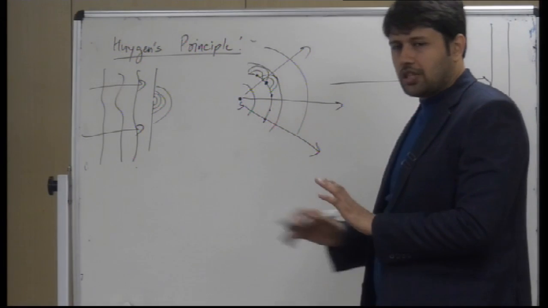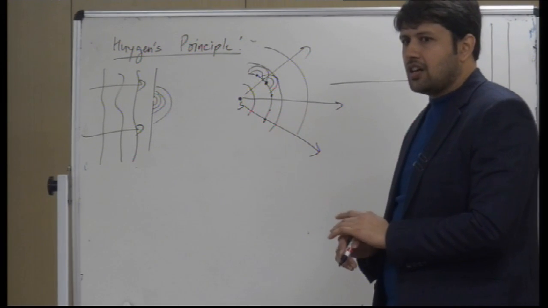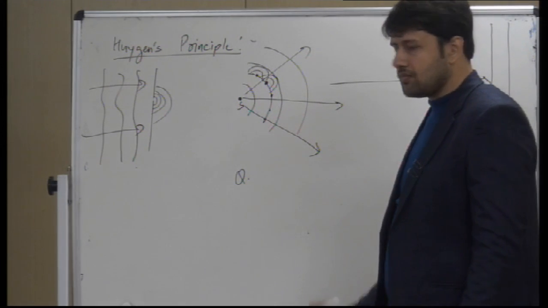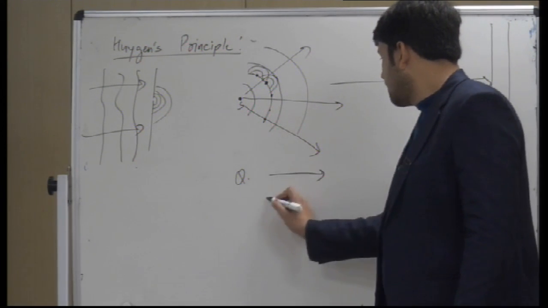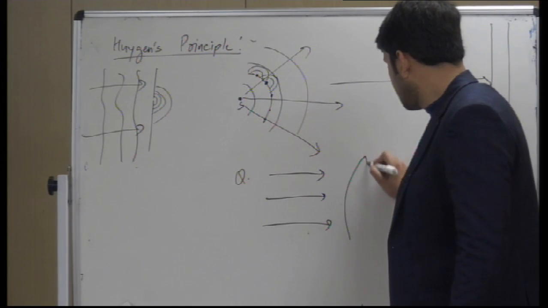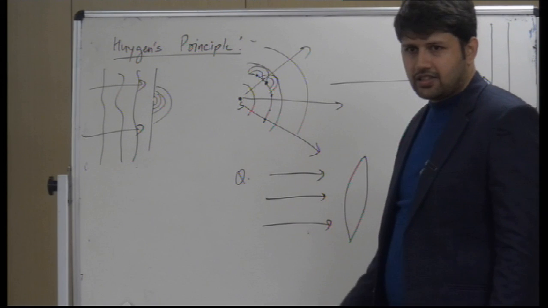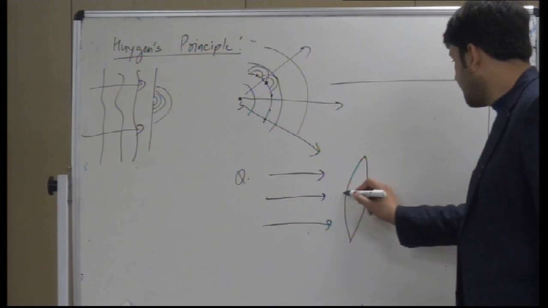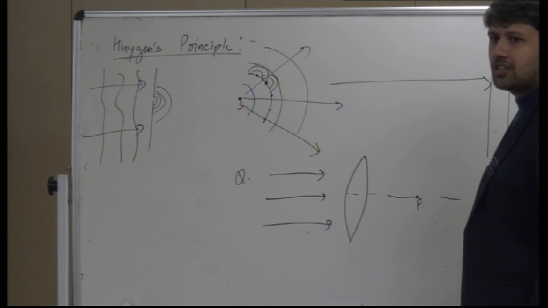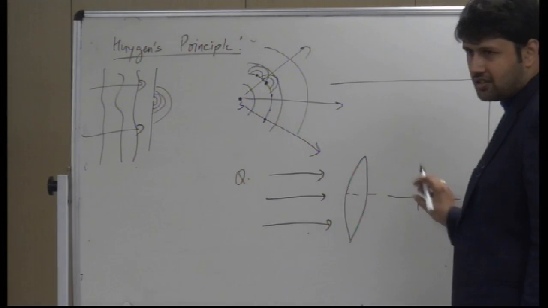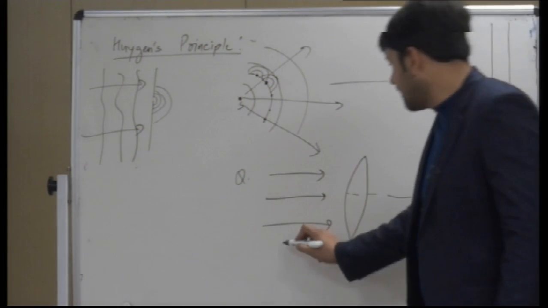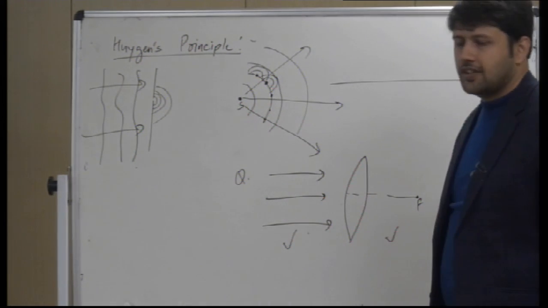So the concept I wanted to ask, whether you understand this, a very simple question. Okay, you have this kind of light, a lens, and what happens here? This is the focus. This is the point where light would meet. So can you tell me what kind of wavefronts would be there on this side and on this side?